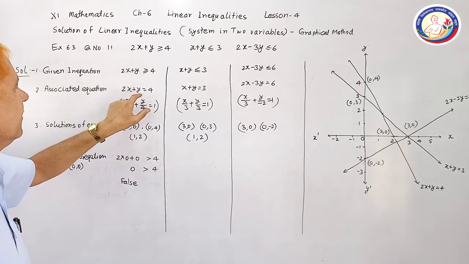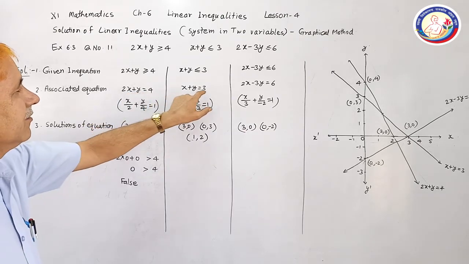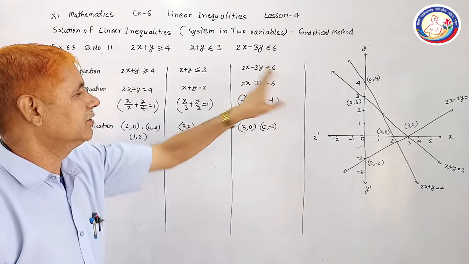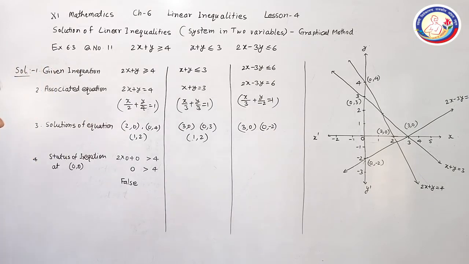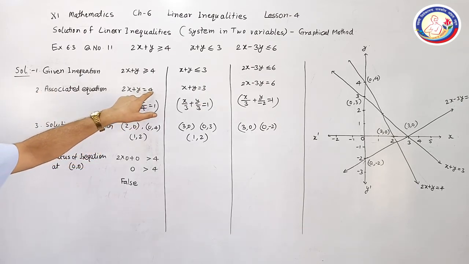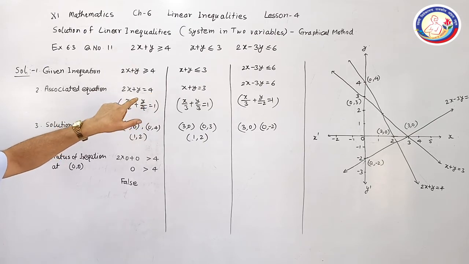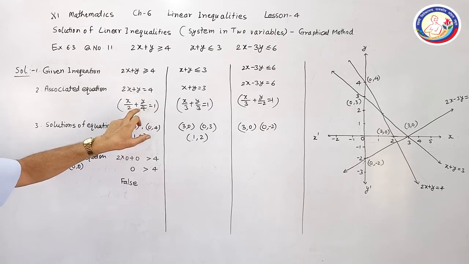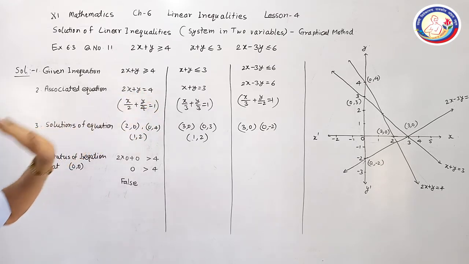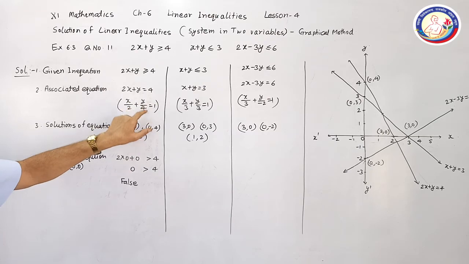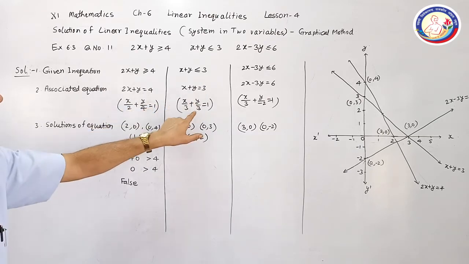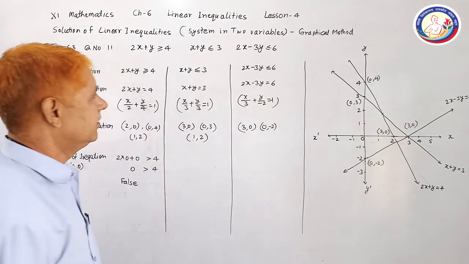The equations for these will be 2x plus y equal to 4, x plus y equal to 3, 2x minus 3y equal to 6. Now, as I told you earlier, if it is possible to divide this number C by these coefficients of x and y, then we can write the equation in this form, dividing all terms by 4. It will be x by 2 plus y by 4 equal to 1. Similarly, we can write these equations as this.